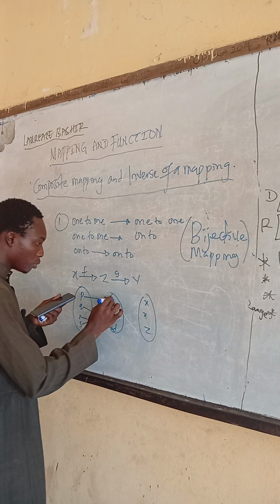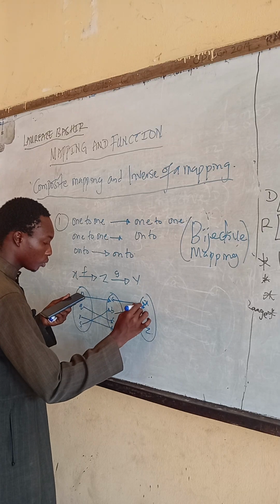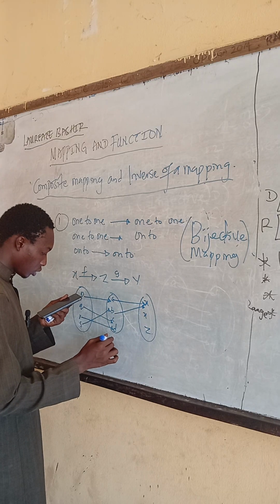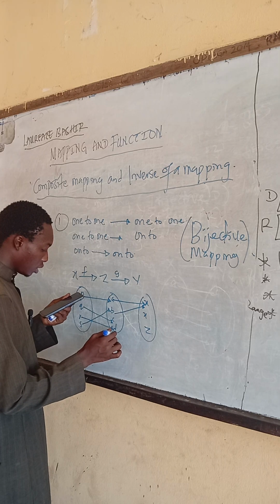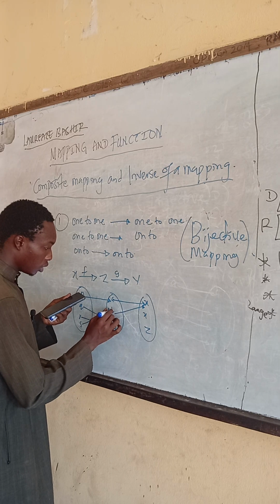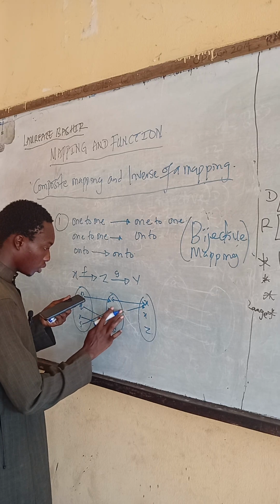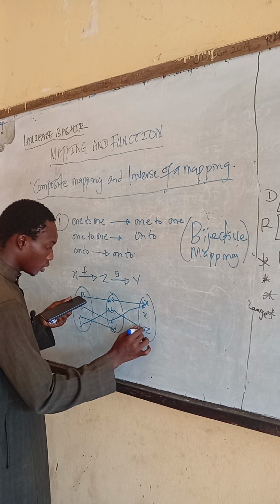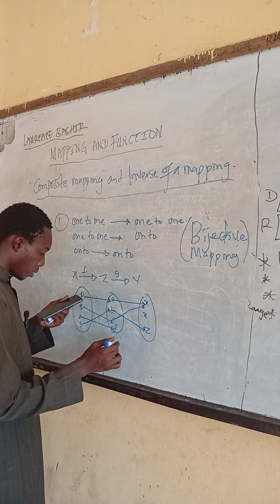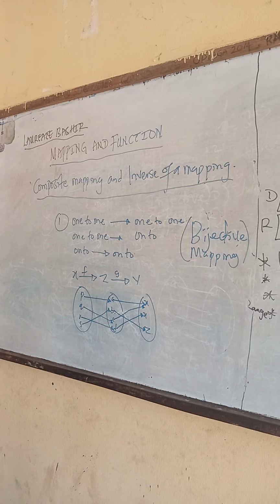Now from this place, A is mapped to X, C is also mapped to X, B is mapped to Z, and D is mapped to X. So look at this diagram now.